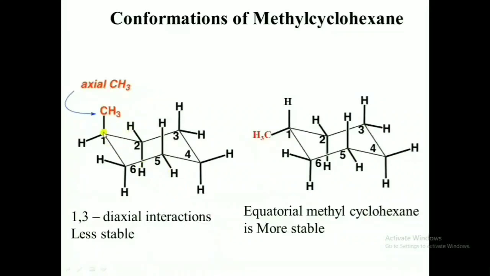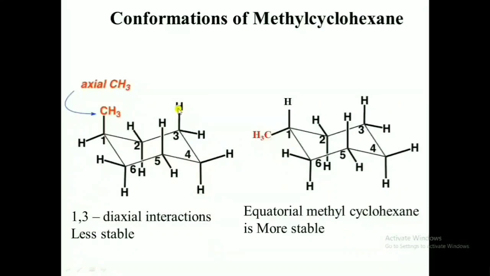So here you can see that this methyl group is in axial position. I have numbered this carbon atom as number 1, the next one is number 2 and the other one is number 3. If you compare the first carbon atom and the third carbon atom, the methyl group is on the first carbon atom, here is CH3, then second, third. In the third carbon atom, there is a hydrogen atom in axial position.